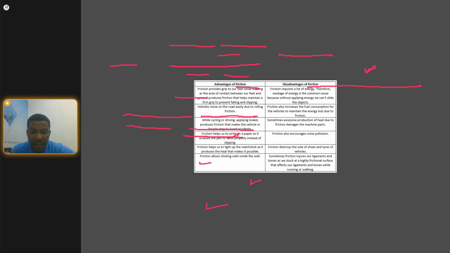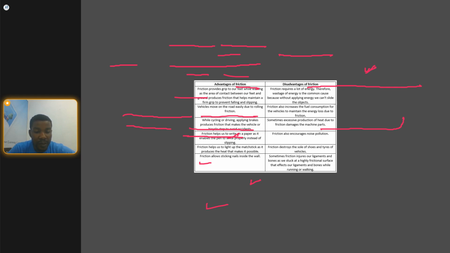Sometimes excessive production of heat due to friction damages the machine parts. Friction happens in a machine because two objects are gliding against each other, and if there is excessive friction, it can lead to the damage of the machine because there will be overheating.